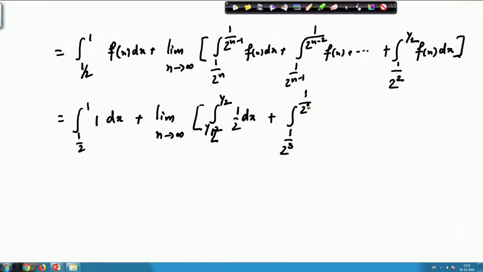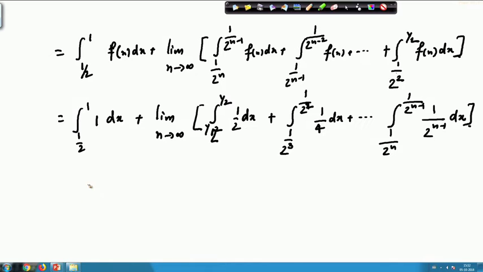plus from 1 by 2 to the power 3 to 1 by 2 to the power 2, the value of the function is 1 by 4 dx, plus it will continue, 1 by 2 to the power n to 1 by 2 to the power n minus 1. This will be 1 by 2 to the power n minus 1 dx.